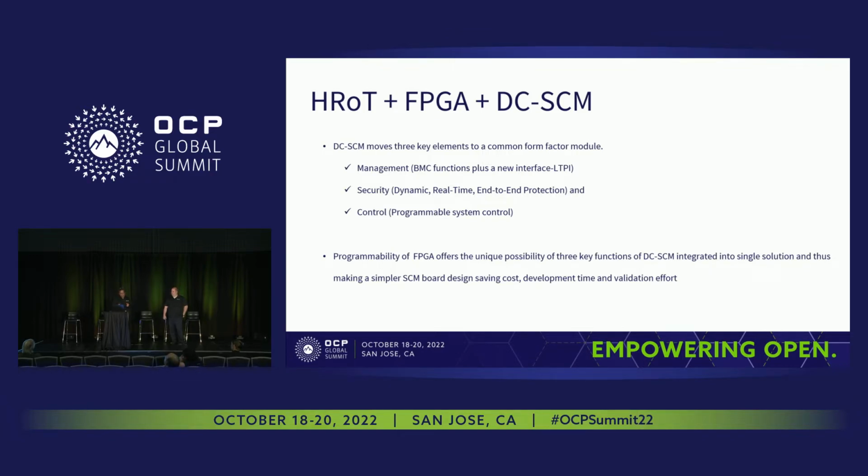So we can actually look at it this way, right? We have the security, we have LTPI. Why can't you combine these two together into a single chip? If it is an FPGA, we can certainly do that. And to a certain extent, I would even challenge more that even the system management can be served from a BMC perspective. Now, I'm not telling it's feasible today. This is something where the BMC is not an easy task to take.